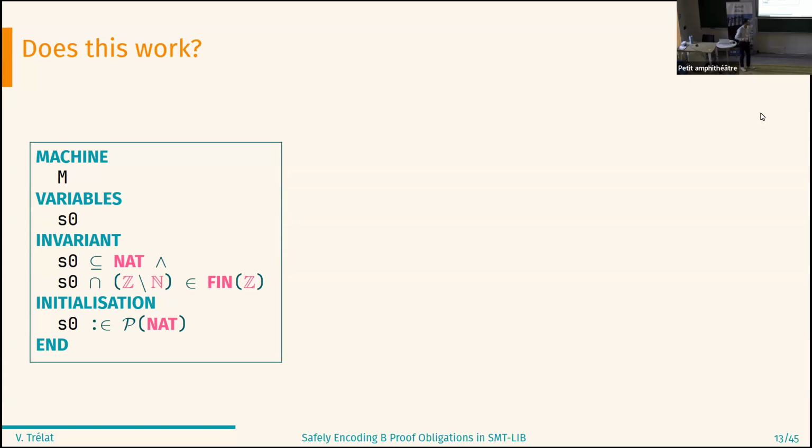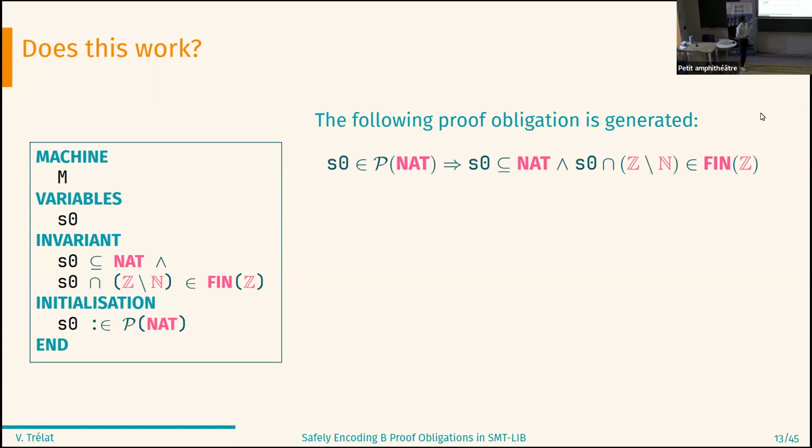Pretty simple. The following proof obligation is generated, so it's just what I just said. S0 is in the power set of NAT implies S0 is a subset of NAT, and S0 intersected with the negative integers is finite. The first part is trivial by definition of being a member of the power set.